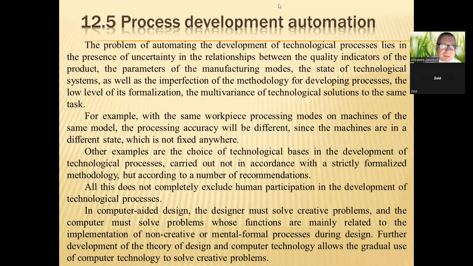So we can start item 12.5, process development automation.